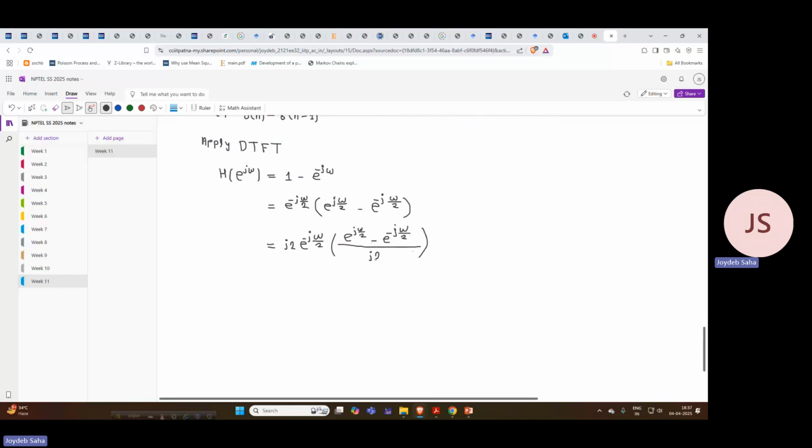j2 e to the power minus j omega by 2 times this is sine omega by 2.